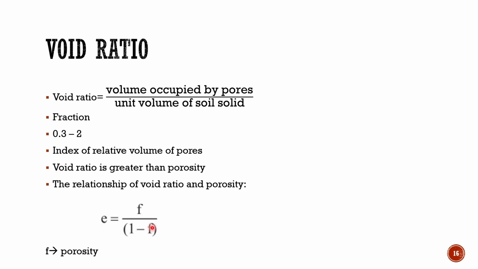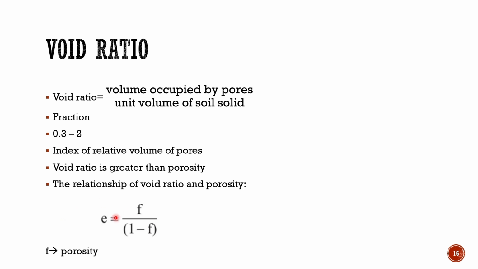Here we are using porosity as a fraction, so 1 means total volume. From the total volume of soil, if we subtract the volume of pores, that means porosity, what we will get is the unit volume of soil solid. So total volume minus pore space means volume of soil solid. The volume occupied by pores simply means porosity. So f divided by 1 minus f is the void ratio.